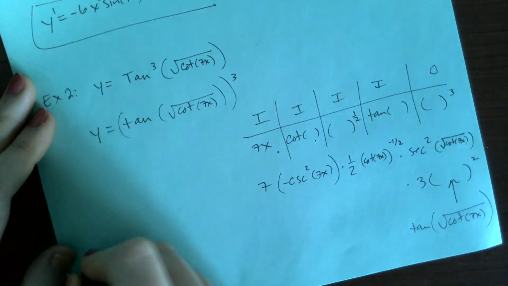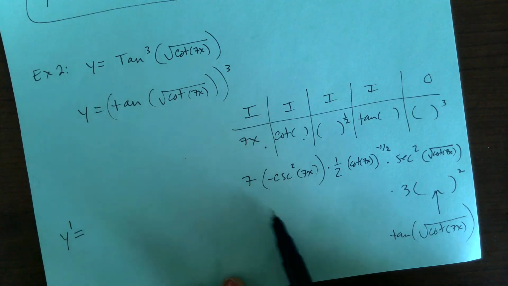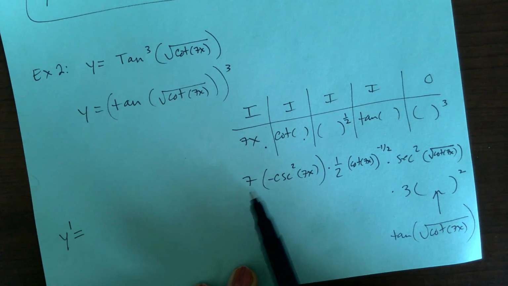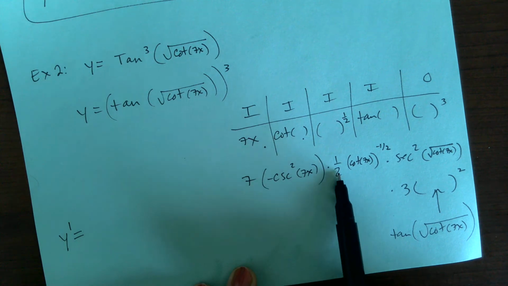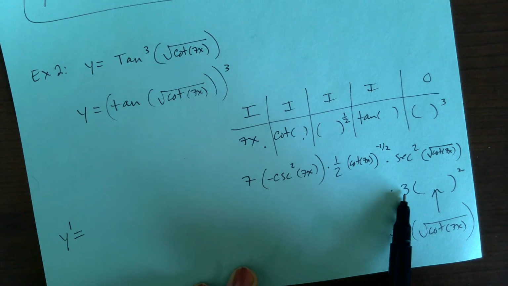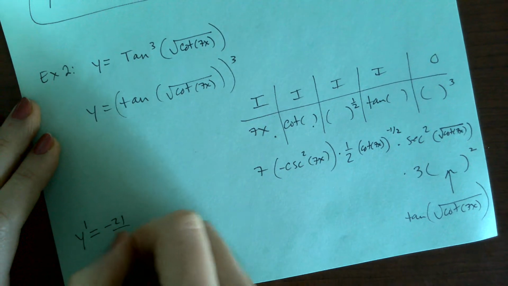complex it can get. So we've got that y prime is equal to, all of this being multiplied, so I've got 7, a negative, a half, a 3. So negative 21 halves.